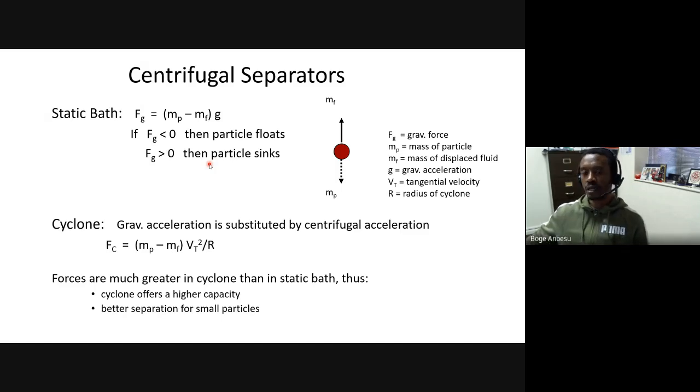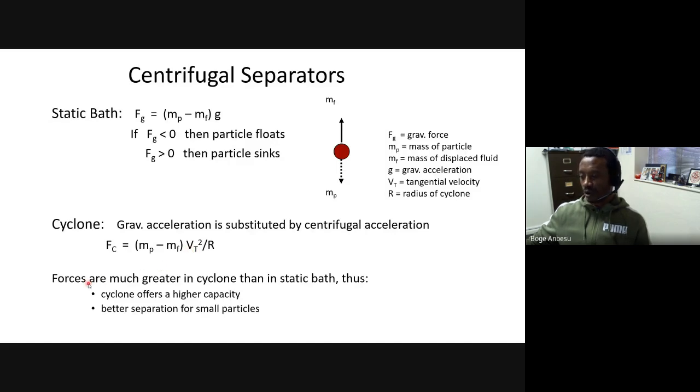So for those cases, we apply some sort of centrifugation using cyclones. In cyclones, gravitational acceleration is replaced by centrifugal acceleration. And therefore, instead of gravitational force, what plays a role will be centrifugal force, which is dependent on, obviously, the mass of the particle in the fluid and also the velocity, here the tangential velocity.